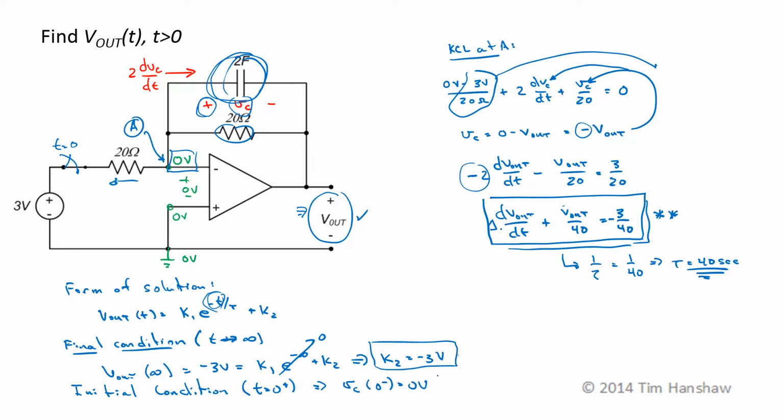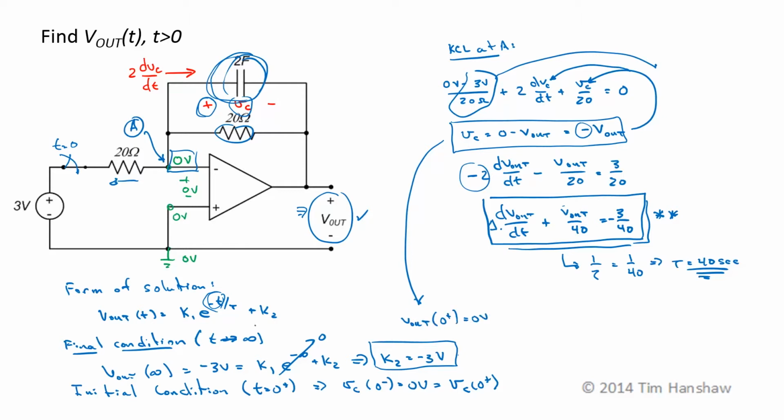Capacitors can't change their voltage instantaneously, so this is V sub c at t equals 0 plus. And we already said that V out is equal to minus V sub c up here. So V out at t equals 0 plus is equal to 0 volts. If I plug in 0 for time, that's equal to k1 plus k2. If I plug k2 is equal to negative 3 there, k1 is equal to 3 volts.